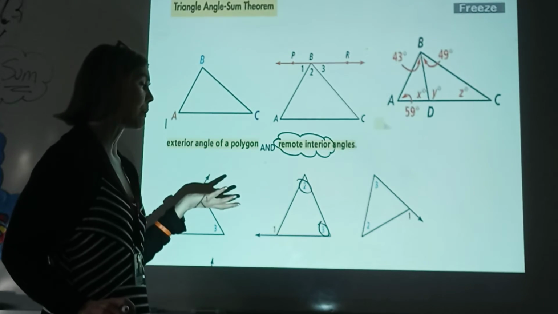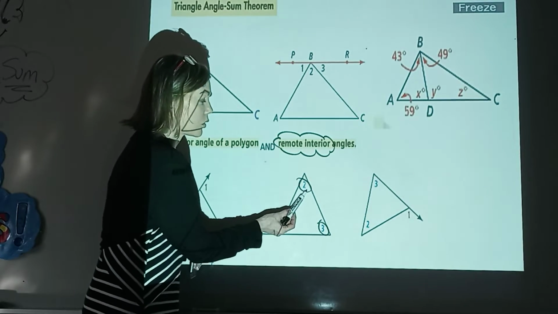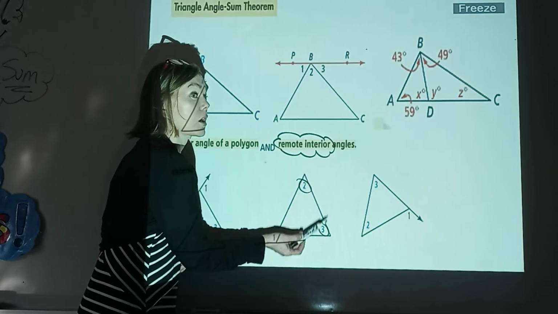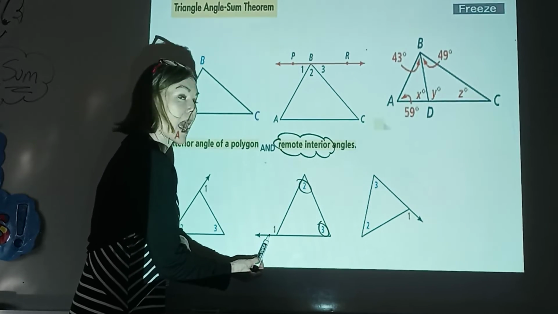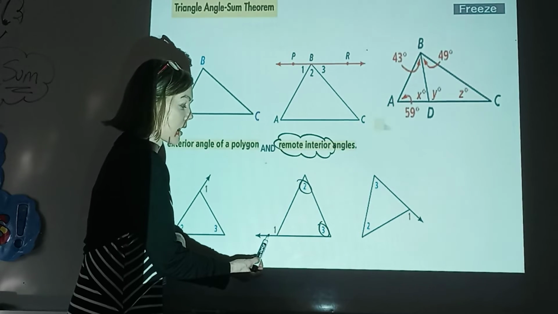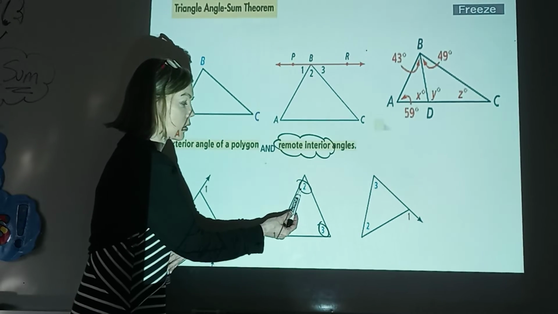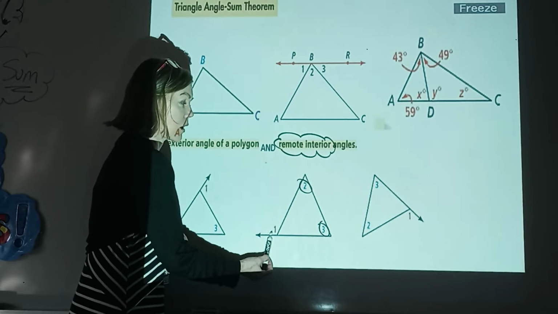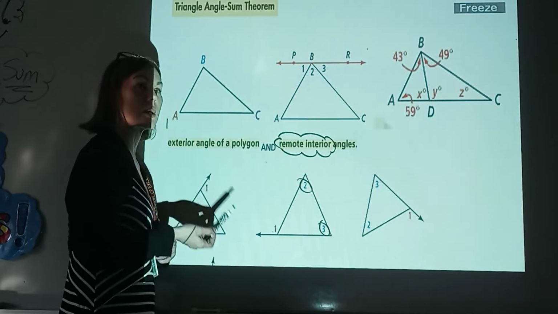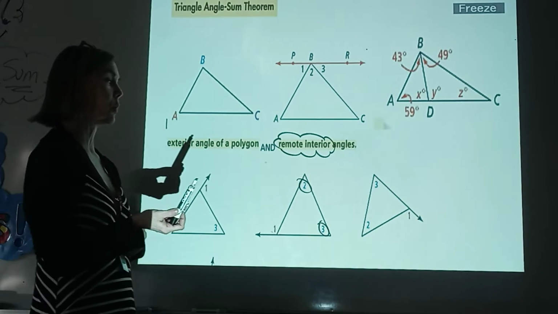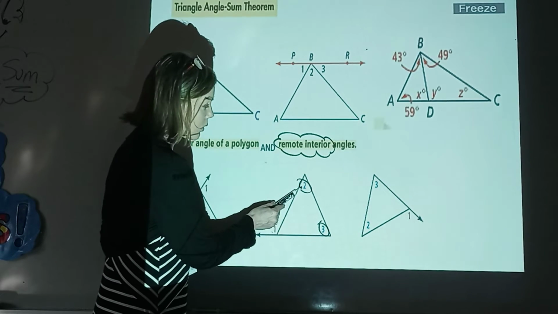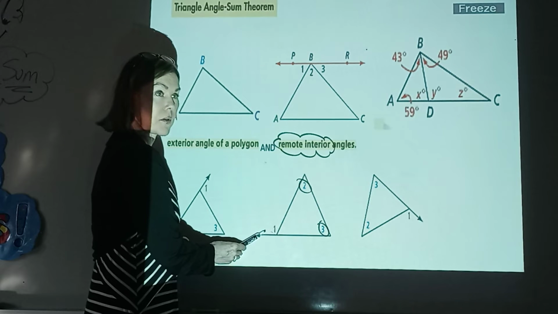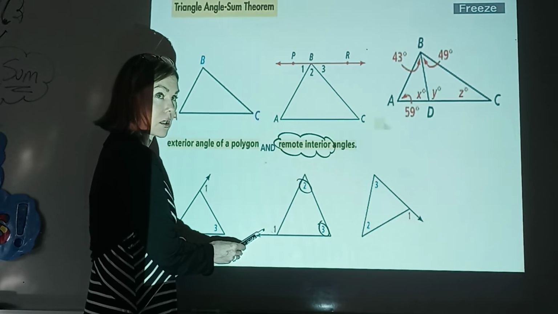And what you need to know about them is that angle 2 plus angle 3 equals the measure of angle 1, the exterior angle here, okay? So angle 2 plus angle 3 equals the measure of angle 1. So remote interior angles, and that's going to help you when you're doing your assignment. Angle 2 plus angle 3 equals the measure of the exterior angle out here.